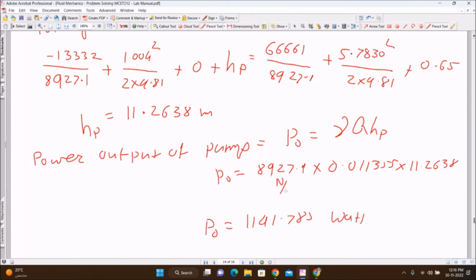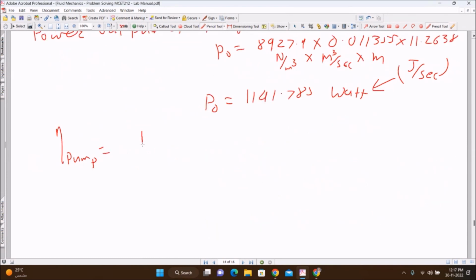Gamma is the specific weight in Newton per meter cube, Q is in meter cube per second and head is in meter. The meter cube cancels, so Newton meter is joules, and joules per second is watt.